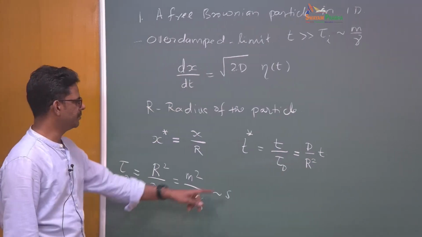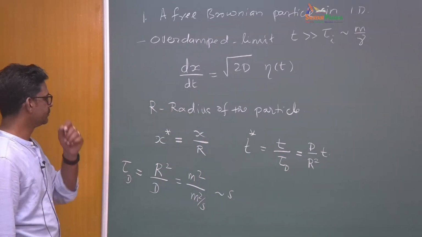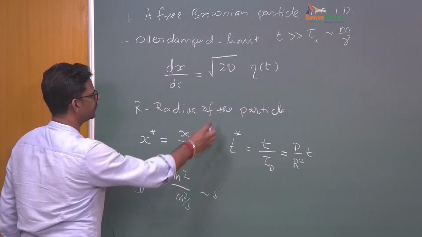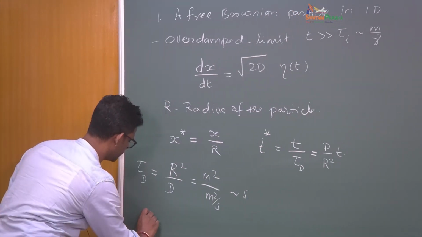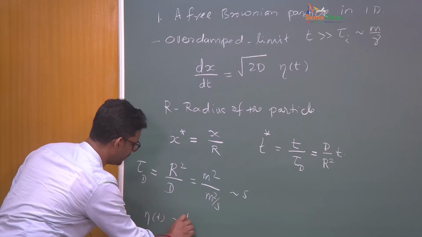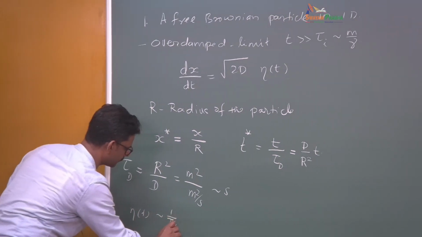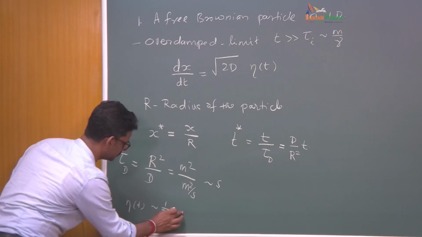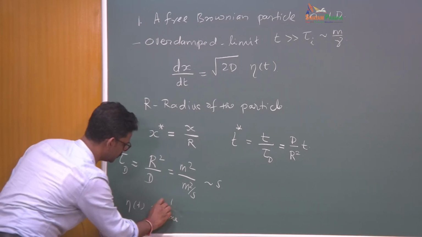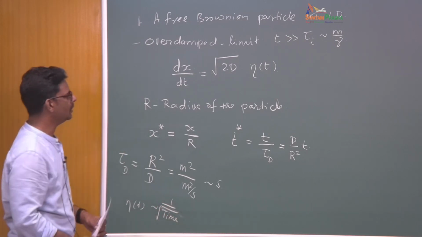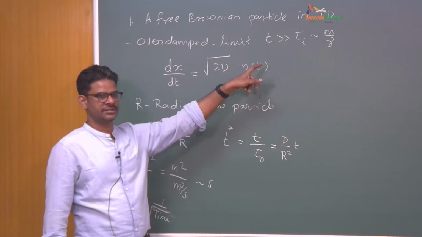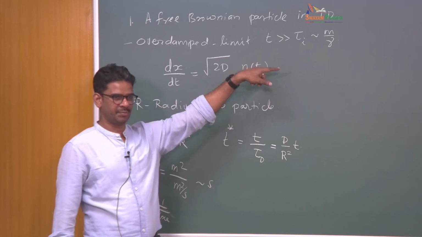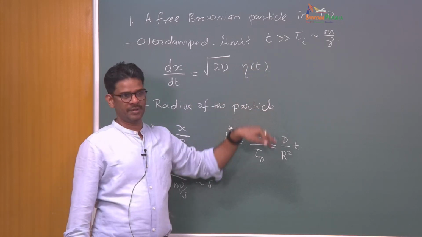So non-dimensional time is here, and this random force will have the units of 1 by time. Actually 1 by square root of time, because the autocorrelation of this function is a delta function, so that will have 1 by time. This will have 1 by square root of time.